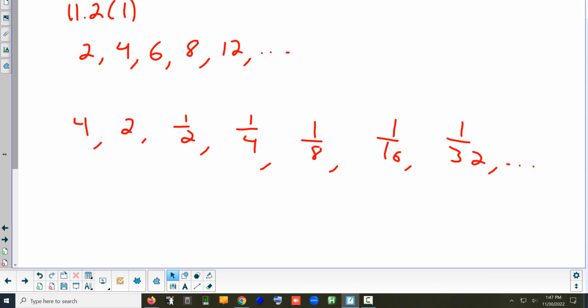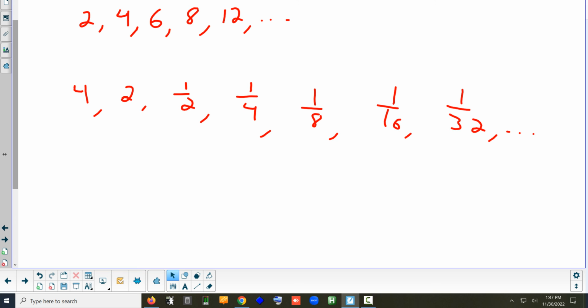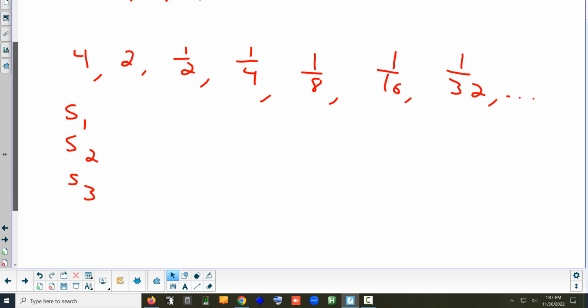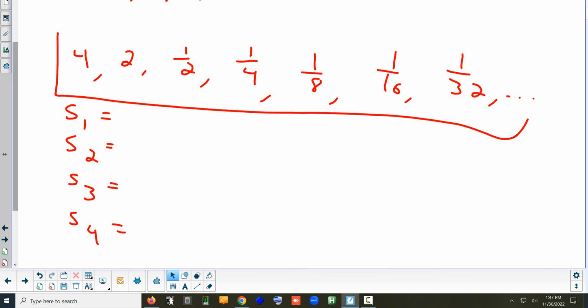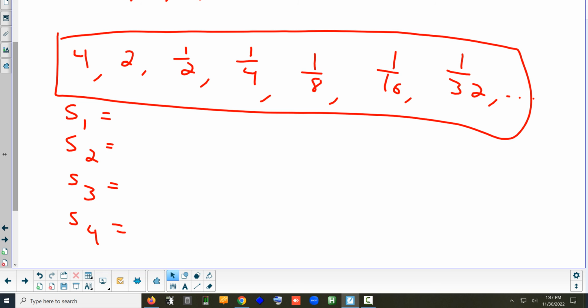Let's add up a few different examples. Let's do some partial sums. And then I'm going to show you how you can do this without doing it by hand. If you add up the first 1 numbers in that pattern, what do you get? Yeah, 4.